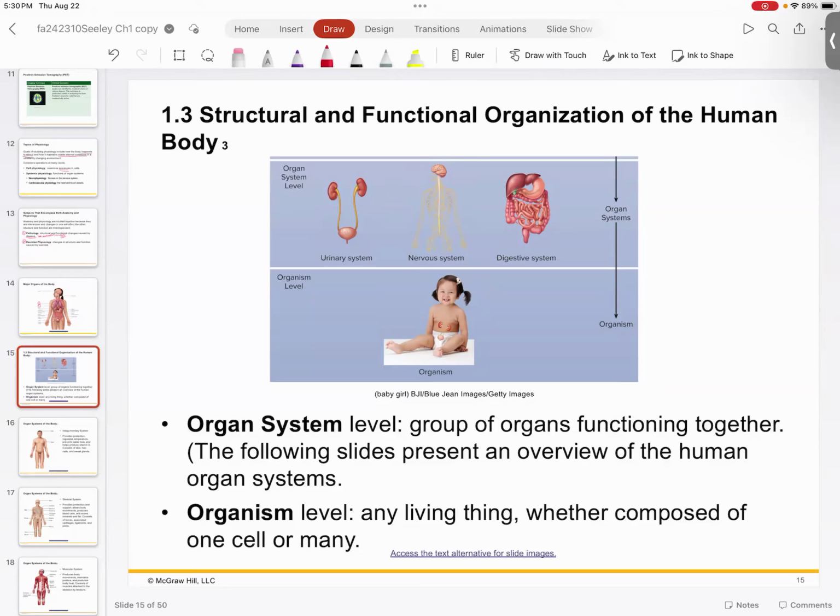Structure and function are inherently related, and oftentimes based on your function, you will get a specific type of structure. So when you're building your organ systems, it's because you need a structure in order to pull off some sort of function. That's how you develop and organize your body into organ systems, which is essentially a group of organs that focus on a particular job. And when you take a bunch of organ systems and put them together, you basically get an organism, and that's us, right? We're essentially a collection of organ systems.